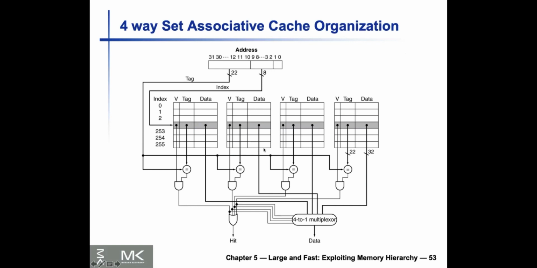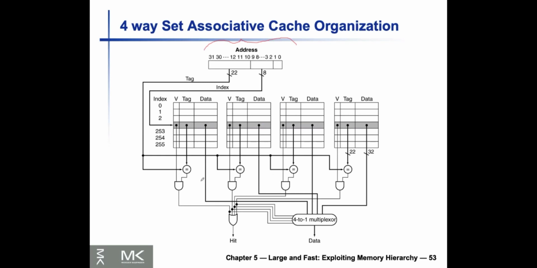This is the high-level view of a 4-way set associative. So that's why you have a 4-to-1 multiplexer here, okay? So 4 comparators are needed here, and that was your address, okay? So we need a 4-to-1 multiplexer to choose among the 4 potential members of these selected sets, right?